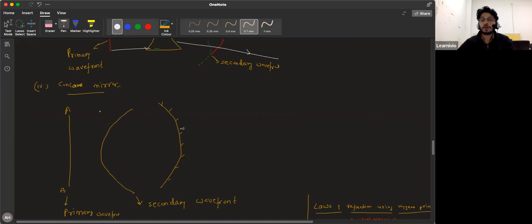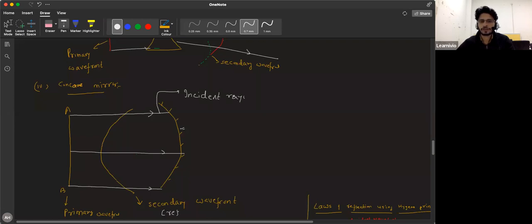In the primary wavefront, along with the wavefront, you need rays also. So just draw normals. These white rays that I'm drawing are the incident rays. For the secondary wavefront, or the reflected wave, to draw the reflected rays you draw normals on this wavefront.